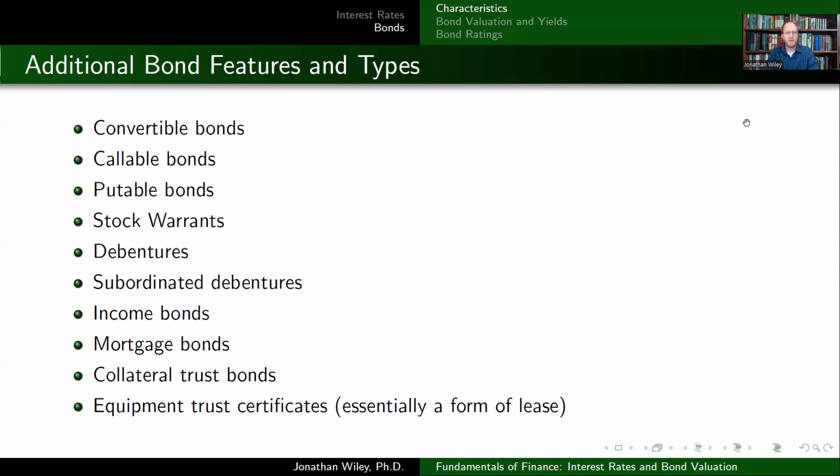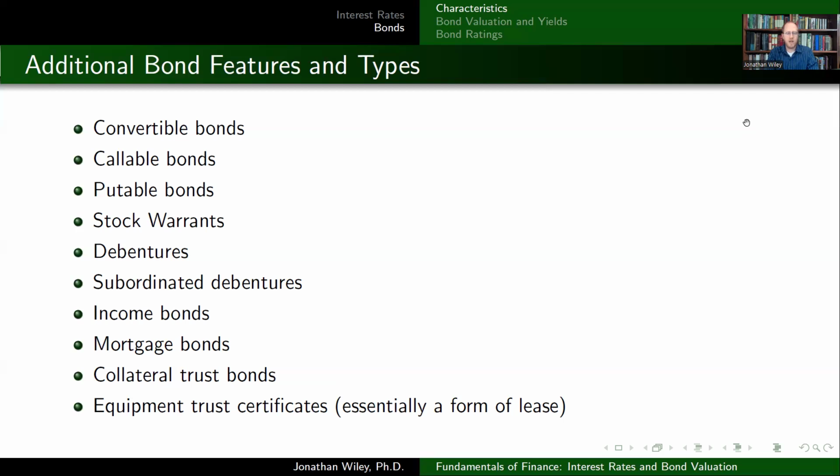In many cases, the company paying it off early may have to pay extra interest, or pay more than the par amount. That will be specified in the bond indenture. It'll specify if it's called back at this point in time, here's what's going to be paid, and so forth.